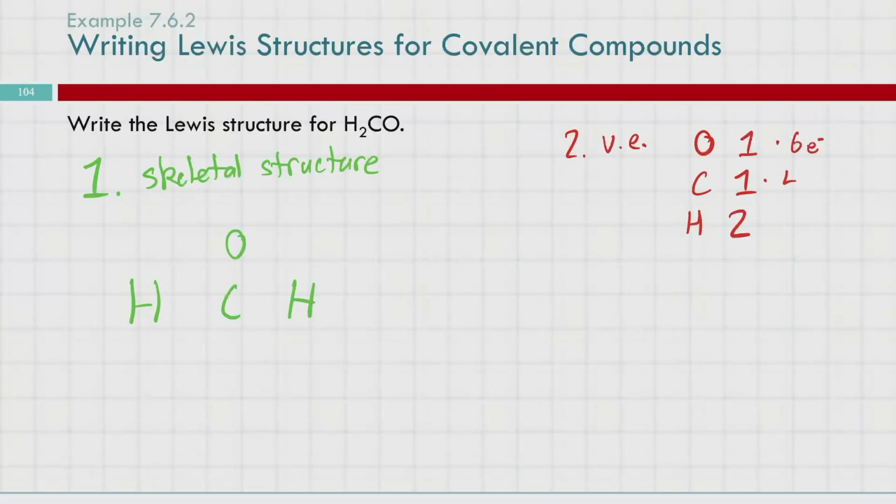Carbon has 4 valence electrons. Hydrogen has 1 valence electron each. So we've got 6 plus 4 plus 2 for a total of 12 valence electrons.